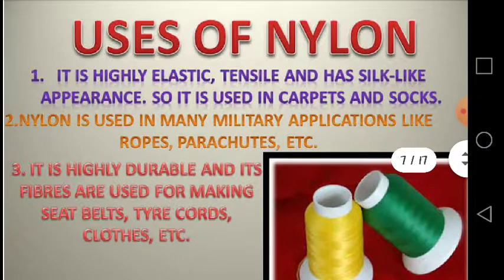It is highly elastic, tensile and has a silk-like appearance, so it is used in carpets and socks. Nylon is used in many military applications like ropes, parachutes, etc. It is highly durable and its fibers are used for making seat belts, tire cords, clothes, etc. So these are the uses of nylon.